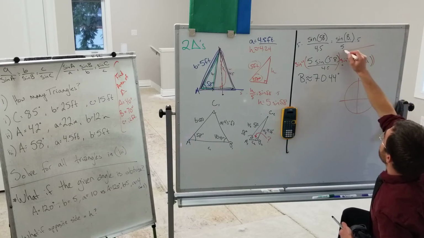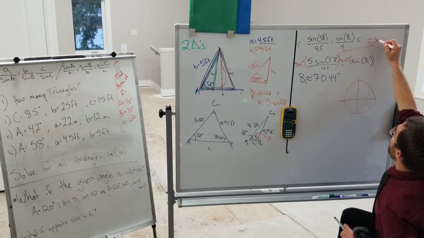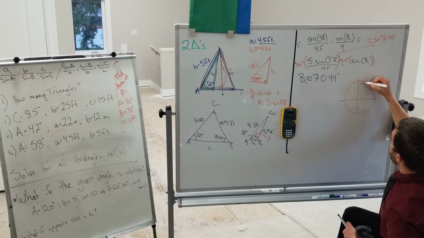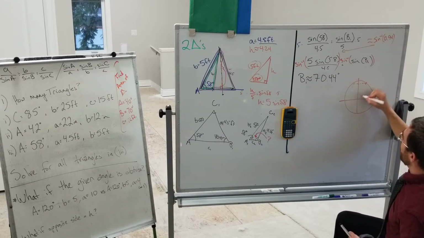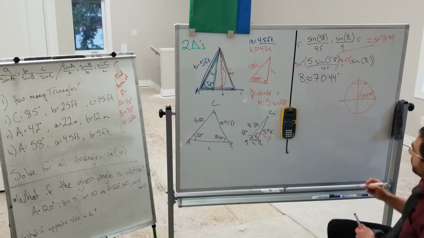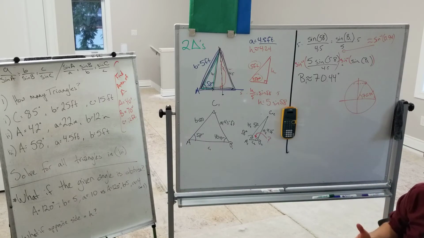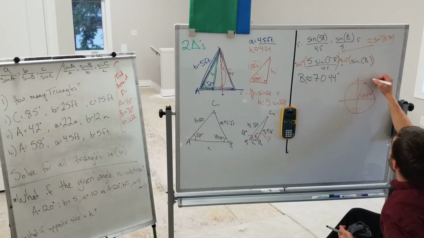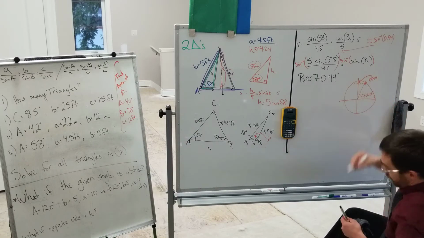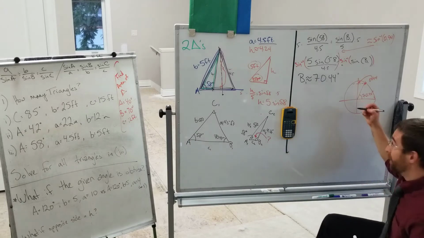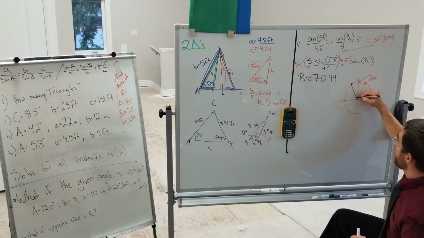So really this is about sine inverse of 0.94. So that's like right here. And we got this angle, which is about 70.44 degrees. Now, the sine, right? Sine can be 0.94 here, or right here, at this angle.